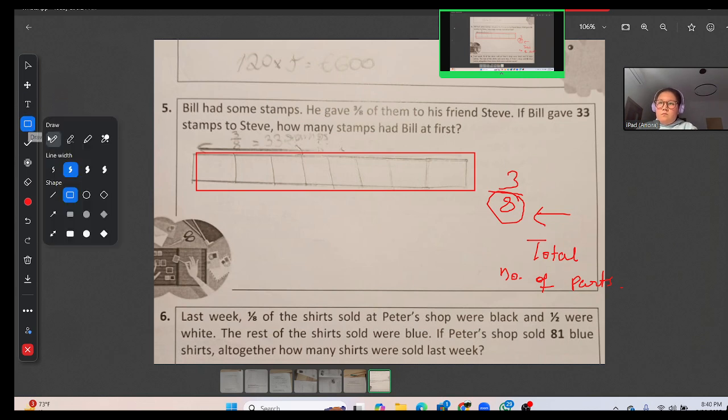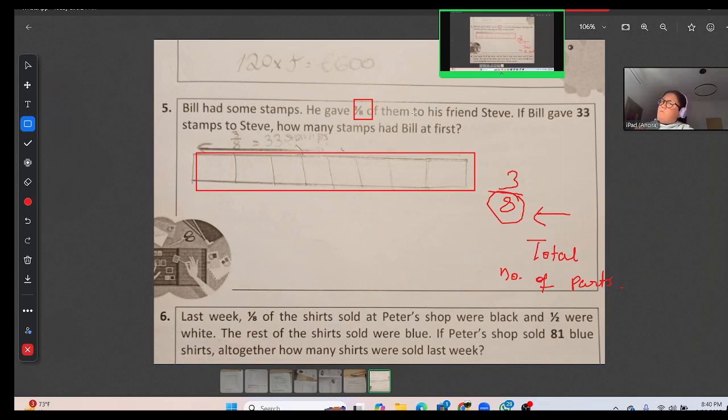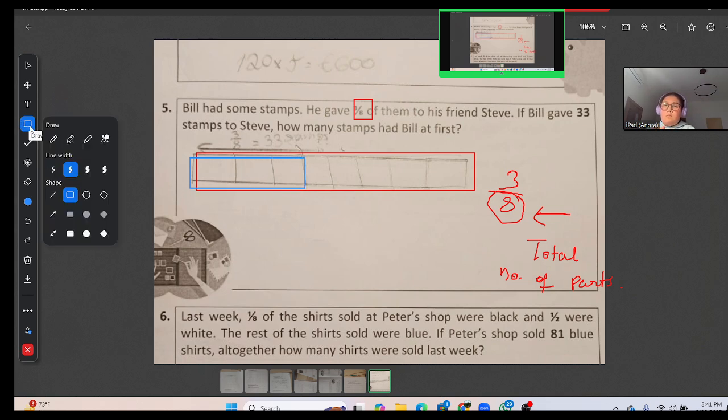Now it says 3/8 of them he gave to his friend Steve. If Bill gave 33 stamps to Steve, how many stamps had Bill at first? He had some stamps in total, but 3/8 of them he gave to his friend. So 3/8 means 3 out of 8, right? Let's suppose these 3 he gave to his friend.